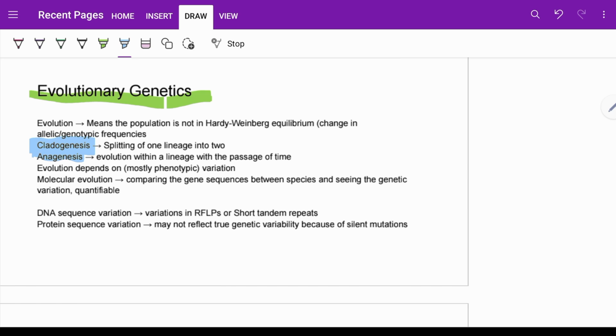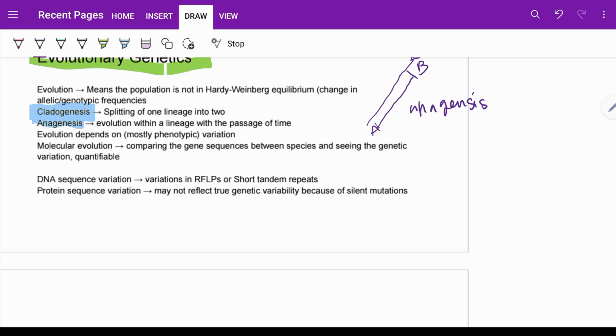So if we have our phylogenetic tree, a branch would be cladogenesis. But getting from point A to point B, all of this in between is also evolution. It's just anagenesis, not cladogenesis. So we still have the same species and they're still evolving. It just hasn't diverged into two different species.